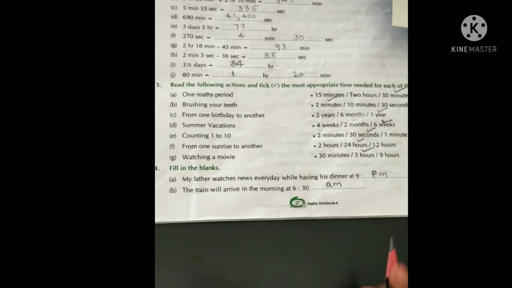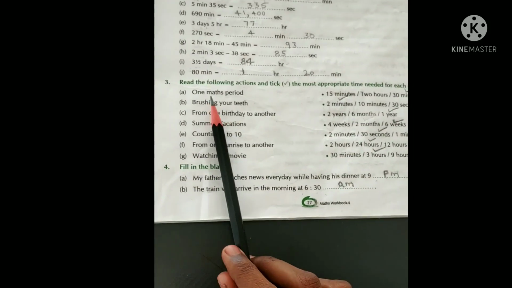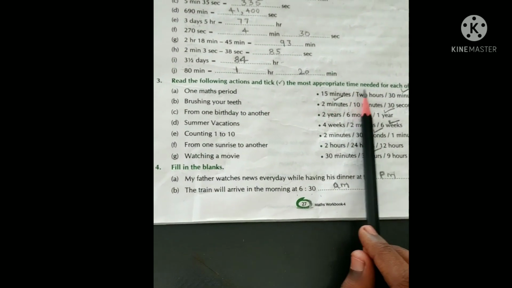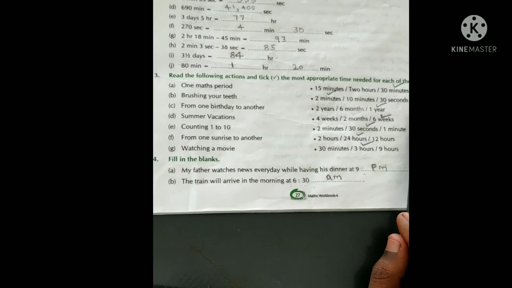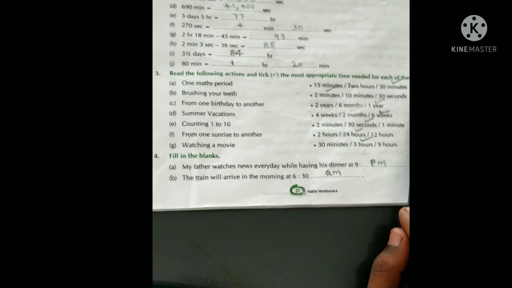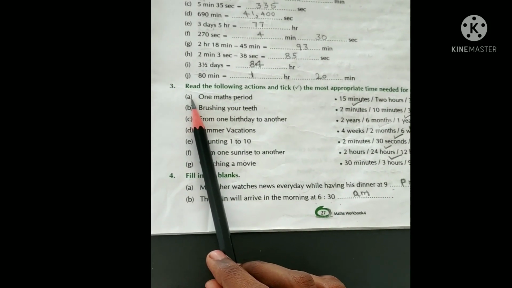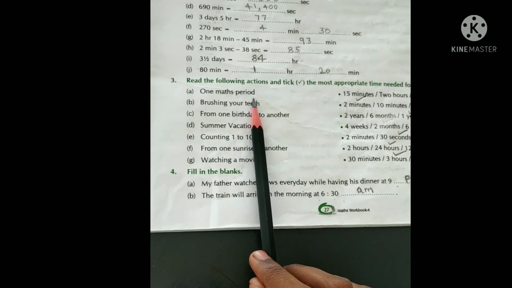Okay children, we will go to the next question, that is, read the following actions and tick the most appropriate time needed for each of them. So you have to write appropriate, not exact. Now we will go to the first question, that is 1 maths period.